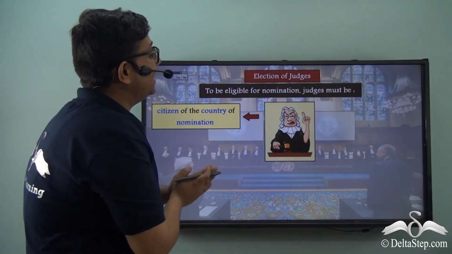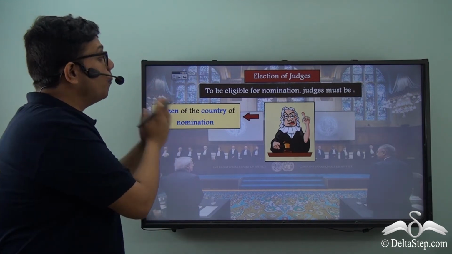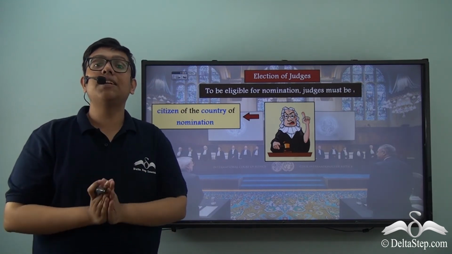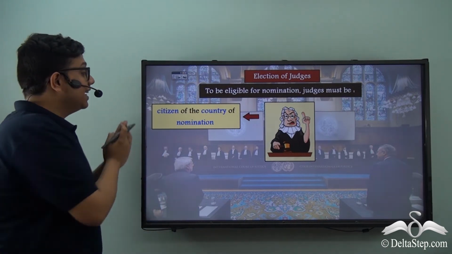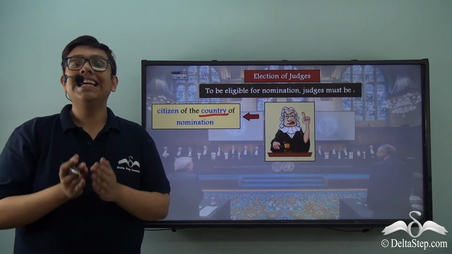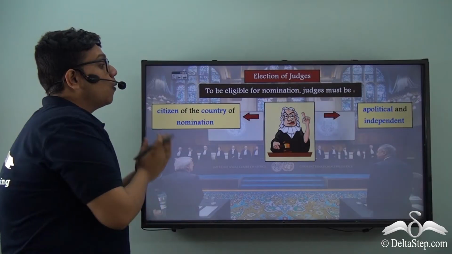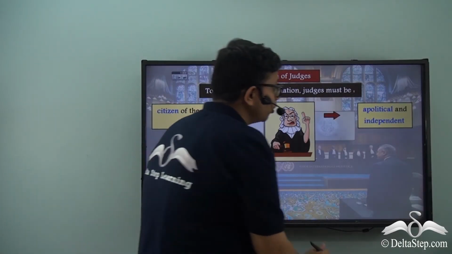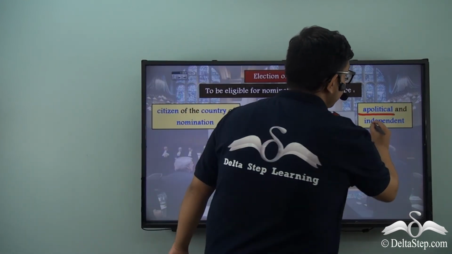Now, just like any other election, the judges of the ICJ can only be nominated if they follow some criteria. The first of which is that they have to be a citizen of the country which is nominating them. This is a natural criteria. Then the nominee also needs to be apolitical and should be ready to work in an independent capacity.